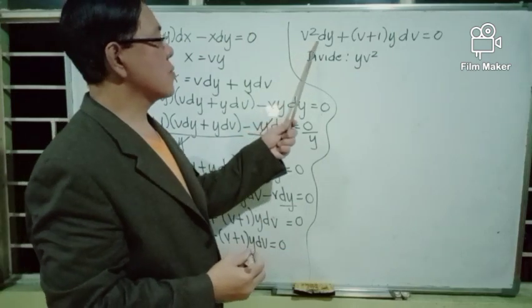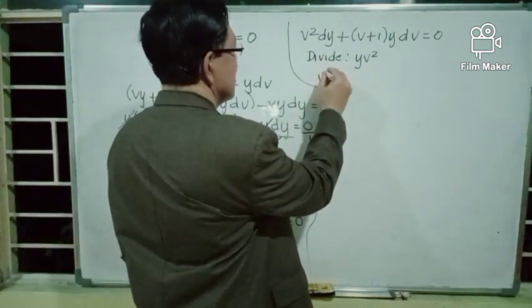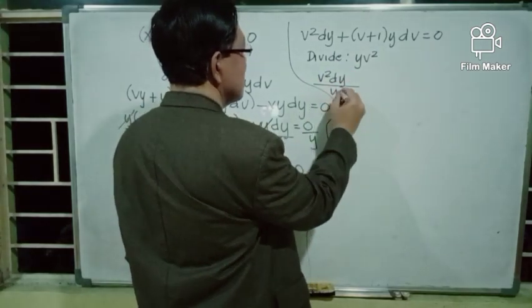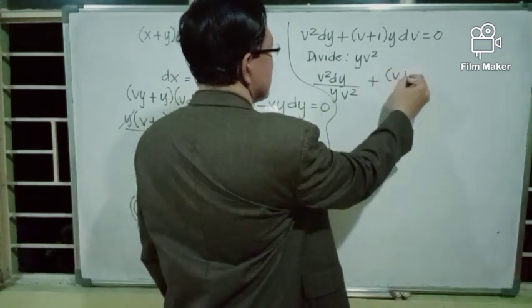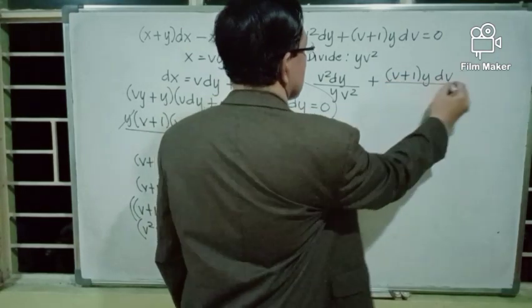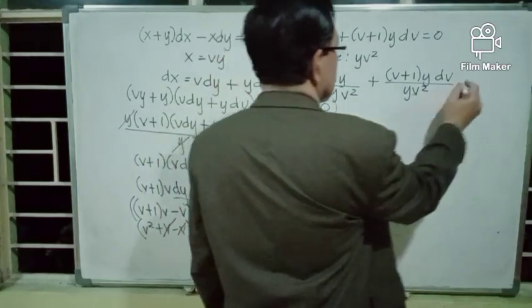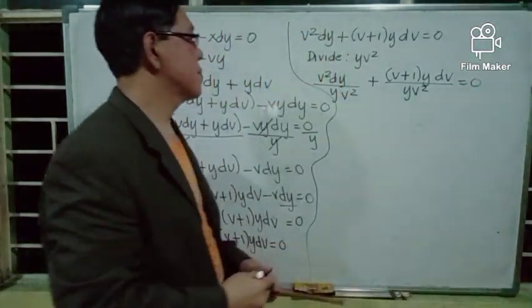We divide v squared dy by yv squared plus v plus 1 y dv we divide by yv squared equals 0.